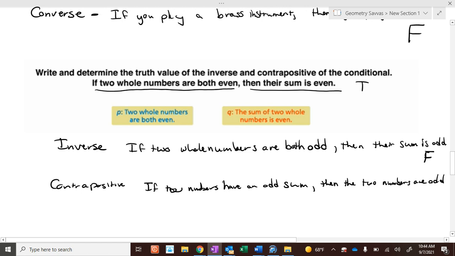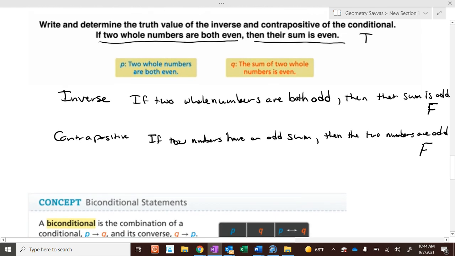Okay? Because it's not and not. It's just switch them around, then not. So it's odd in this case. If two numbers have an odd sum, then the two numbers are odd, which again is false. You have to have an odd plus an even to get an odd sum. So both of those are false.